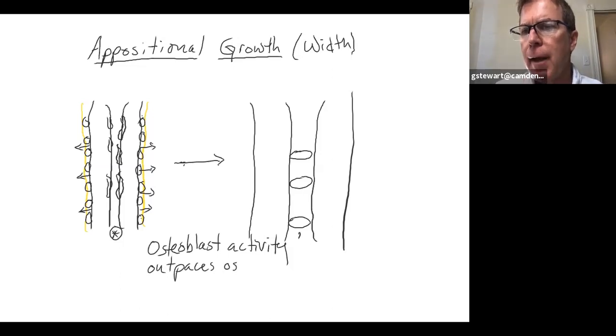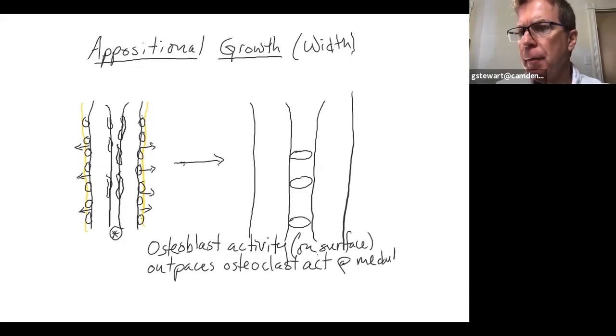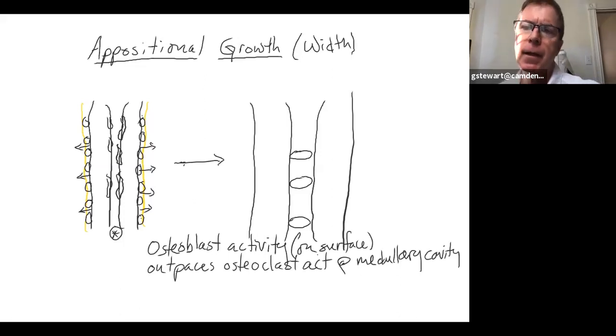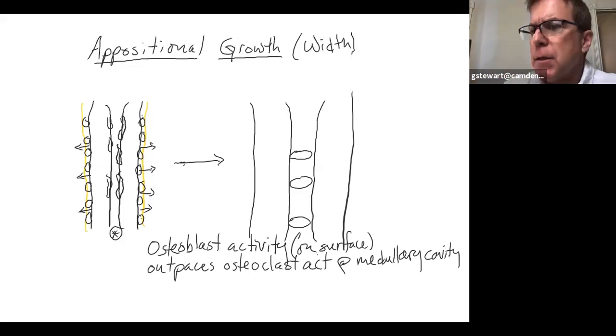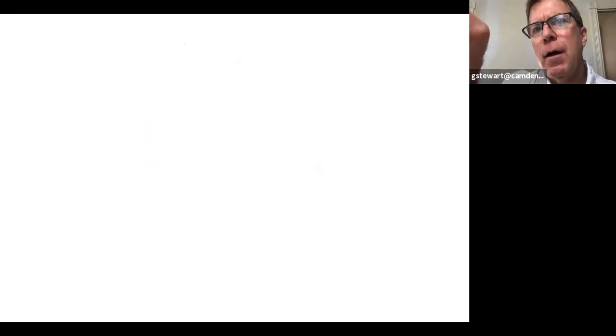So osteoblast activity, I'm going to put on the outer surface, outpaces osteoclast activity at the medullary cavity surface, just under that endosteum. And that describes pretty much how appositional growth occurs in a bone, thickening the bone as well as making it larger in diameter. Which brings us to the next terminology of bone remodeling.